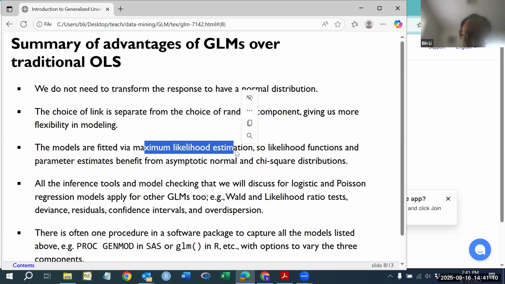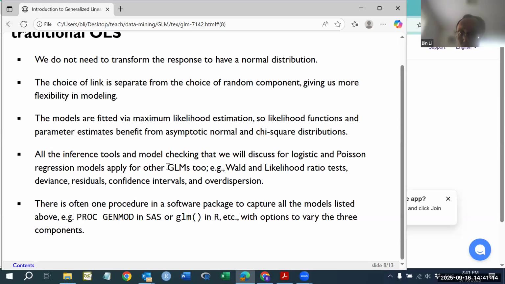So these are the benefits, and also all the inference tools and the model checking that apply to logistic regression also apply to Poisson, to any model, as long as the model belongs to the generalized linear model family.